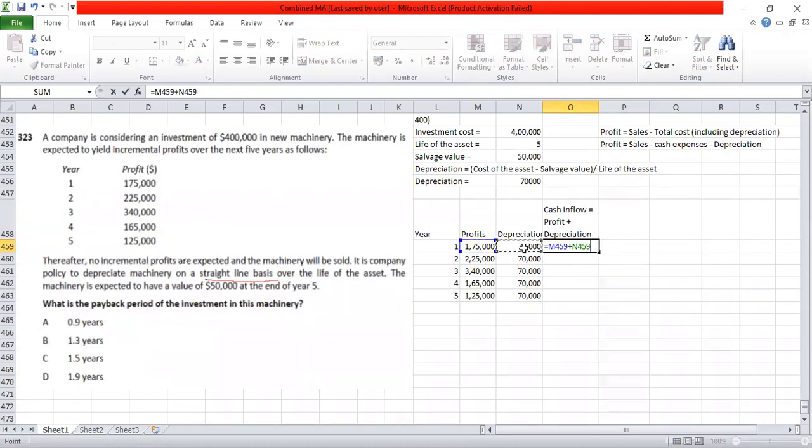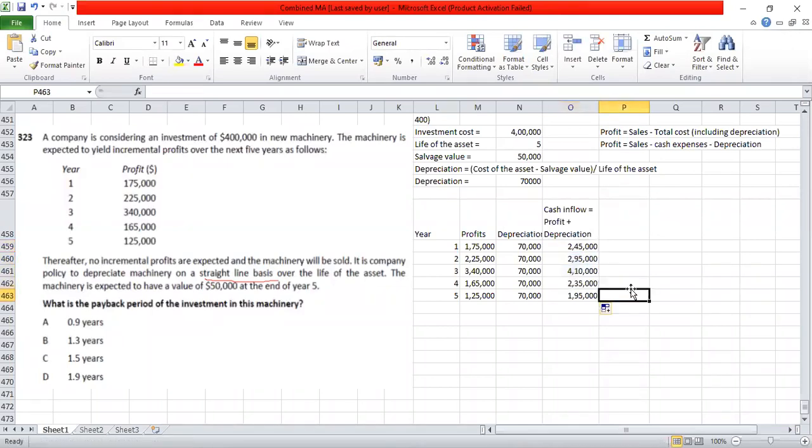Add back depreciation. Do you see that? Now these should be taken into consideration for comparing with the investment. Investment cost is 400,000 and then take a decision.